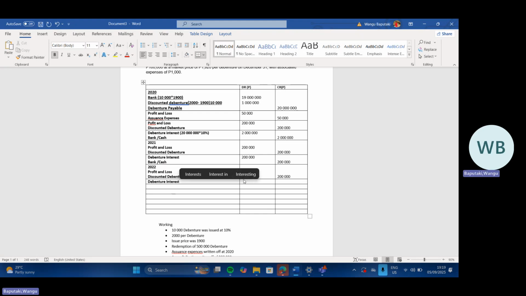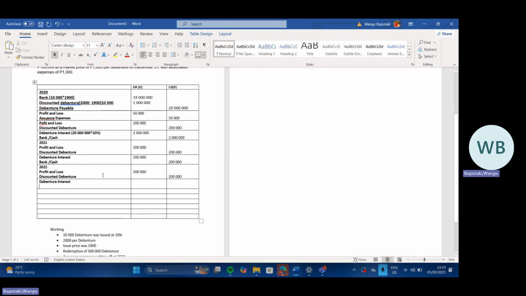Debenture interest, we debit 200,000 and we credit bank or cash. So we are done with 2022.